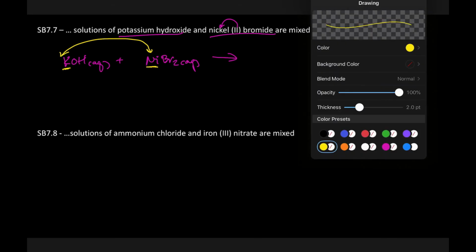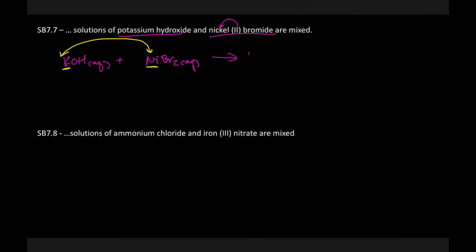If they switch places, now my potassium is going to be stuck to that bromine. Potassium has a charge of +1, bromine has a charge of -1, which means I only need one of each. And for my other compound, nickel has a charge of 2, and it still will, so nickel hydroxide, because hydroxide has a charge of -1.